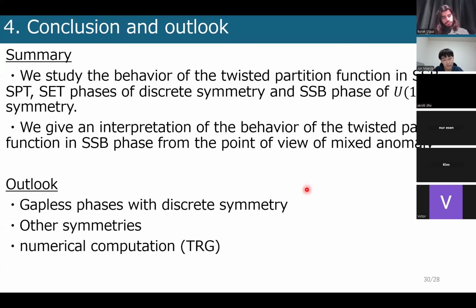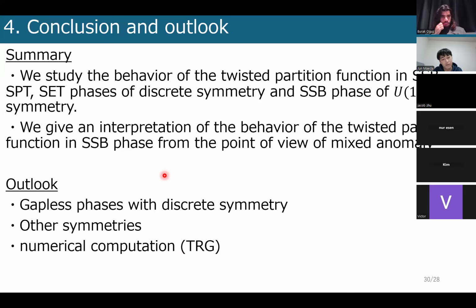In gapped phases, in the IR the system flows to some TQFT. So classification of symmetric TQFTs is the same as classification of symmetric gapped phases, and we can use the symmetry TFT technique.